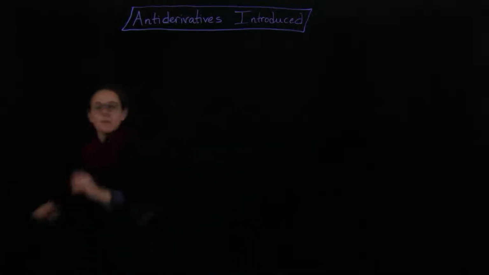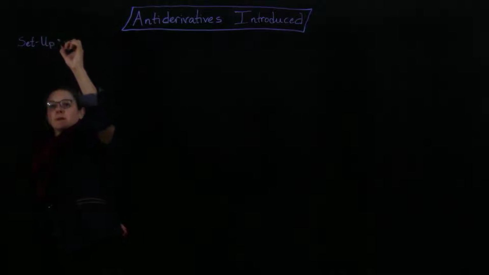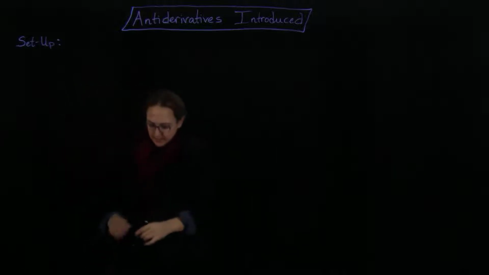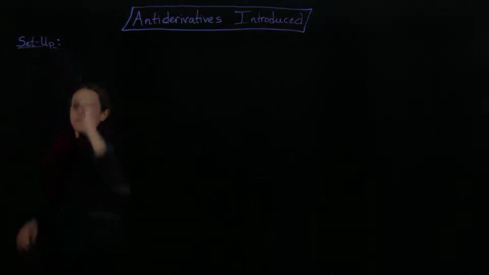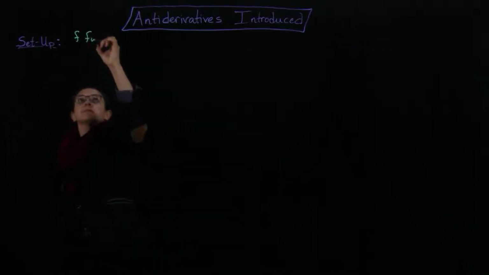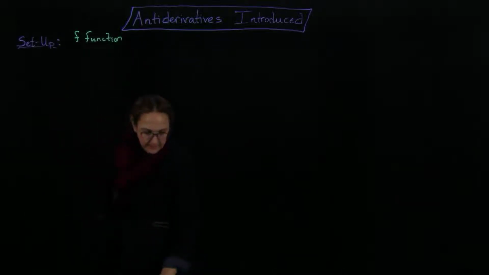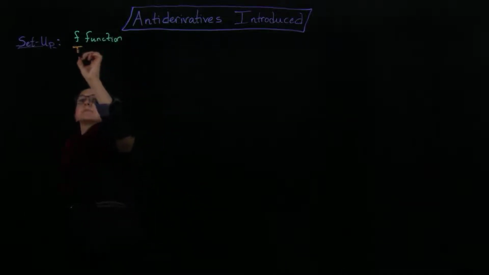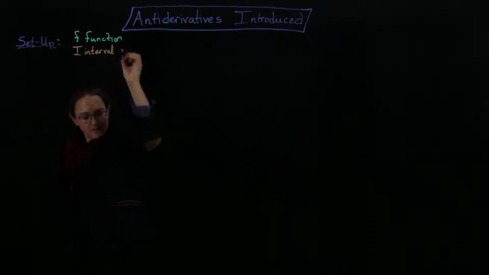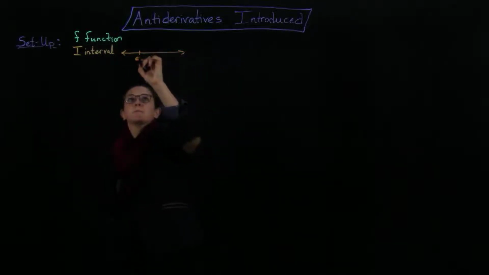So here's our setup. We're going to have that f is going to be a function, and we're going to have that I is going to be an interval, an interval AB.